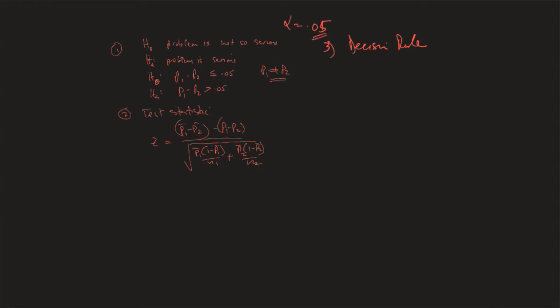So in our decision rule, alpha is 0.05, in which case the critical value has to be 1.645. And so if Z is greater than or equal to 1.645, we'll reject H0.